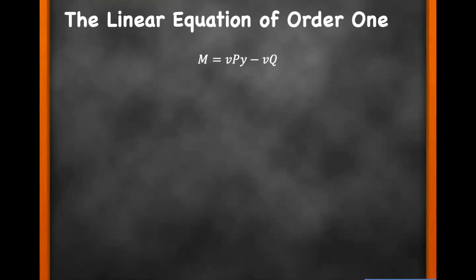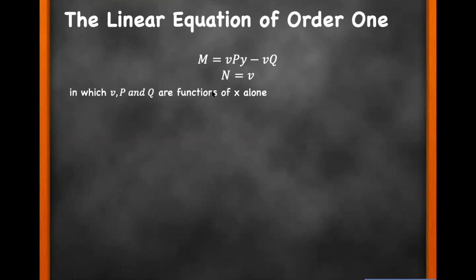Again, take note that v, p, and q are functions of x alone. So we have isolated the value of m, which is v times p, a function of x alone, times y, minus v times q, a pure function of x, and n equal to v, which is a pure function of x.